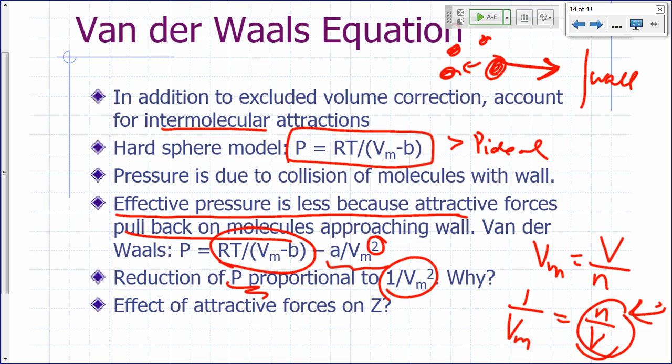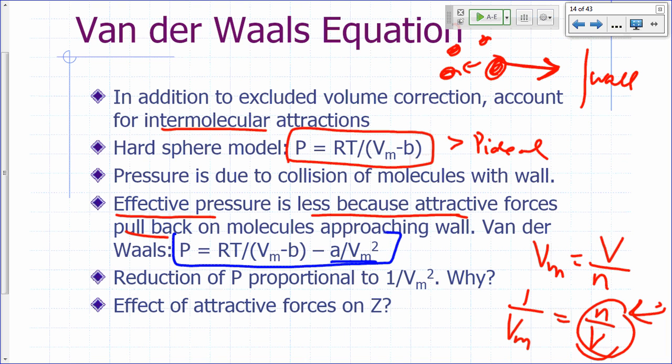The correction term is directly proportional to the square of the concentration of molecules. The more concentrated your molecules are, the bigger the correction you have to introduce because of attractive forces. The more your molecules tend to be slowed down as they approach the wall, and that lowers the effective pressure.